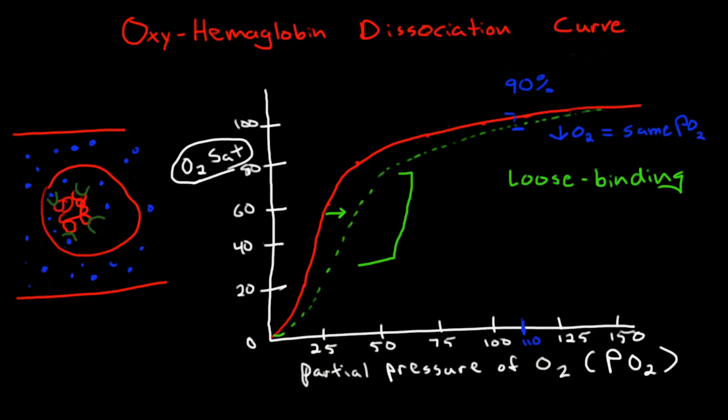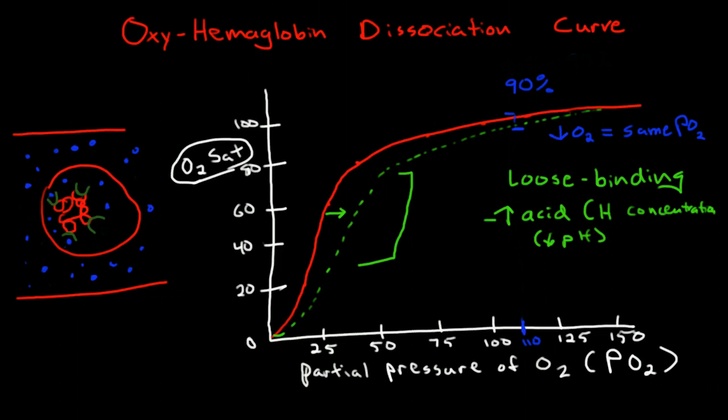Okay, so what causes loose binding? What causes these areas of the hemoglobin protein to become looser? Well, there are four different things that are commonly thought about, and one is increased acid or hydrogen ion concentration. Now, this is where it becomes a little confusing to remember because increased acid equals decreased pH, right?